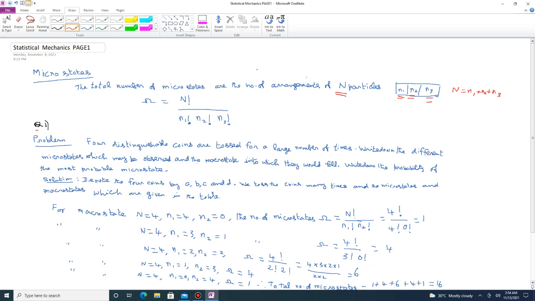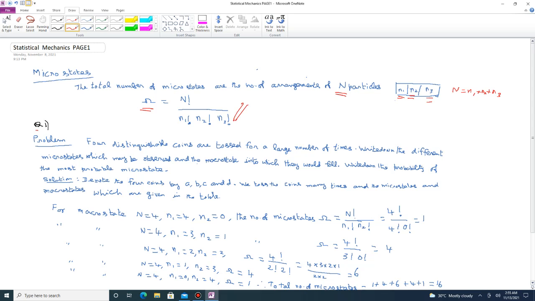Now the microstate is defined as, so this symbol omega is for microstates. The microstates omega is given by capital N factorial divided by n1 factorial, n2 factorial and n3 factorial.